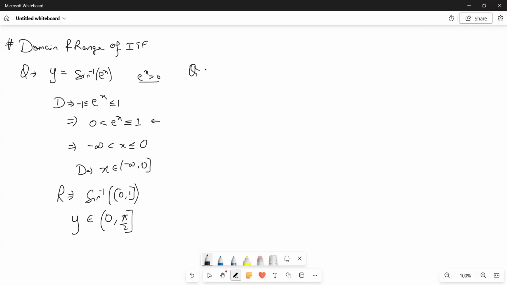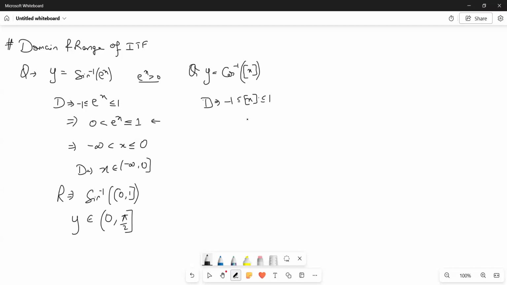Okay, next question. Find the domain and range of cos inverse of cos x. So for the domain part, again, cos x should lie between -1 to 1.